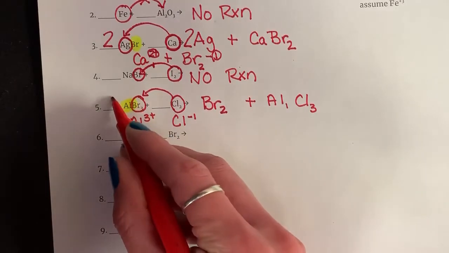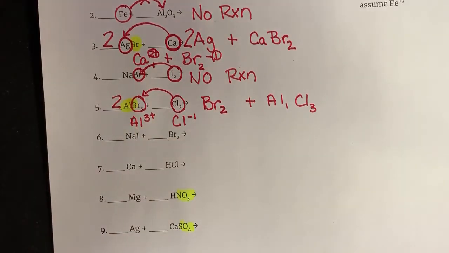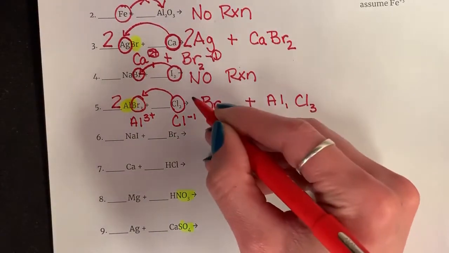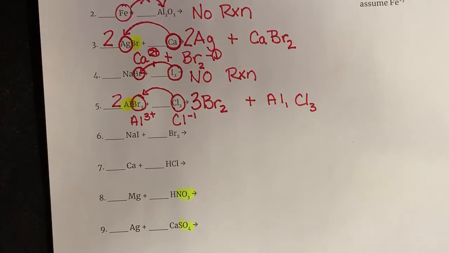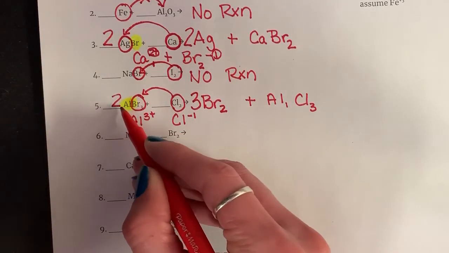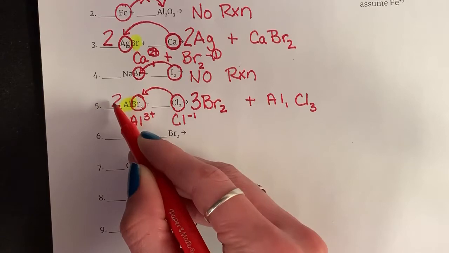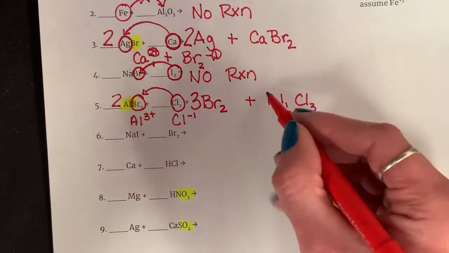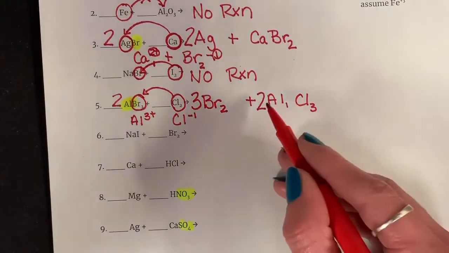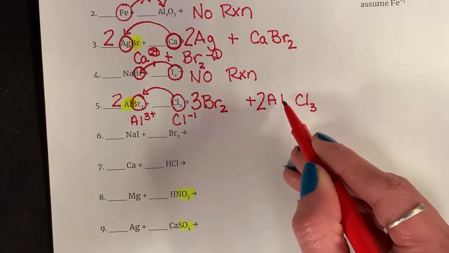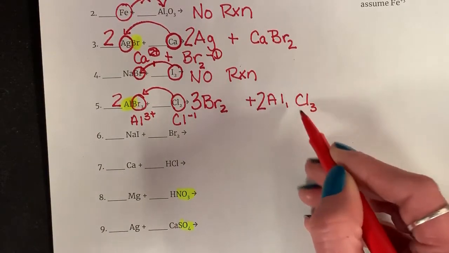So 3 times 2 is 6. 2 times 3 is 6. So now my Brs are fixed. However, when I put this 2 in front of my Br, I also changed Al. So I need to put a 2 in front of Al. Okay? Well, this 2 fixes the Al, but it also changes the Cl.